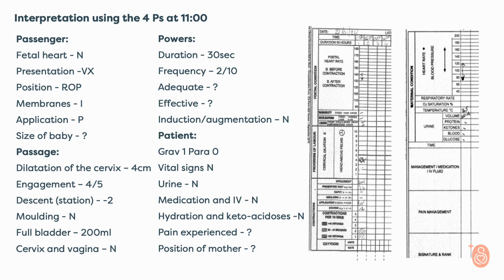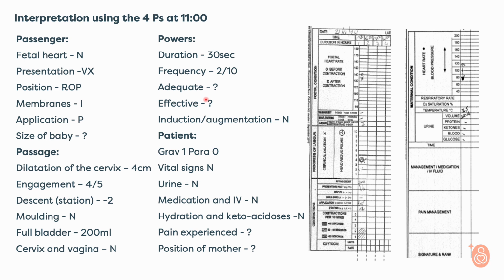When we look at the contractions, which are also very important to us, and that's the powers, obviously that's the power of labor, we see that in this case, the contractions are 30 seconds long, and there are 2 contractions in 10 minutes. Now, the question arises whether this is adequate.